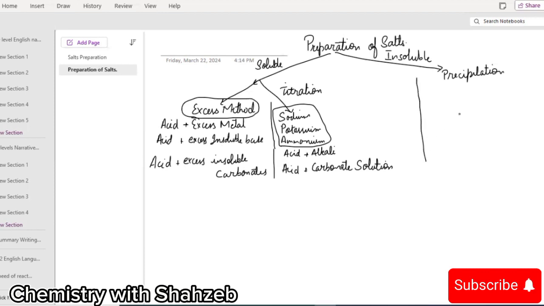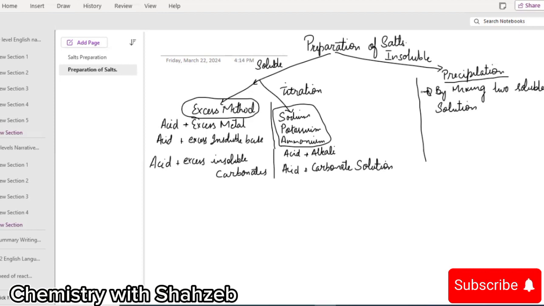Moving further towards the precipitation method. The precipitation method is used to prepare an insoluble salt. And how is it prepared? By mixing two soluble solutions.